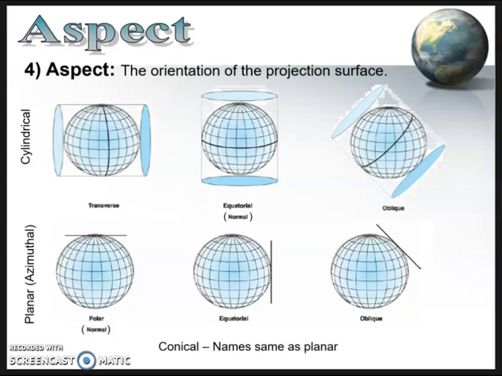In a cylindrical projection, this means the cylinder wraps around a pair of meridians. A transverse aspect is used most commonly with long north-south extents, such as for a map of Chile. An oblique aspect refers to a developable surface oriented in any other direction other than normal or transverse.